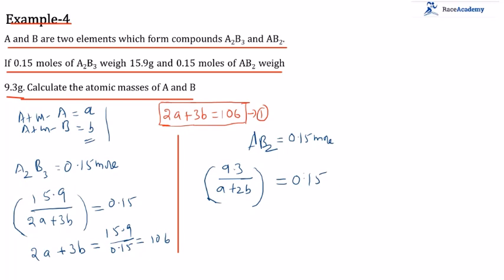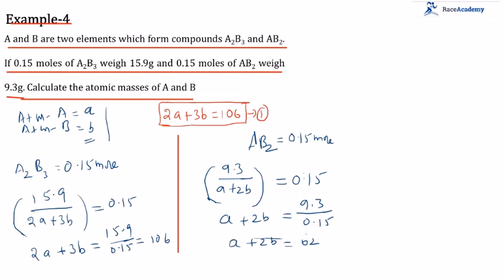So I can write A plus 2B, which is equals to 9.3 by 0.15, sorry. So what is the simplification? A plus 2B is equals to 9.3 by 0.15. I got the simplified answer is 62. So now I have got this value. What is the value? 62 I got.